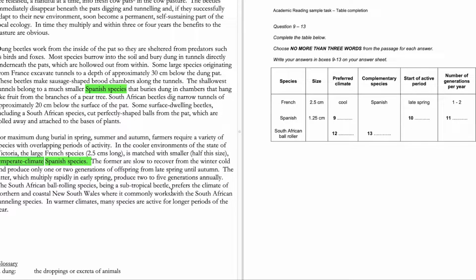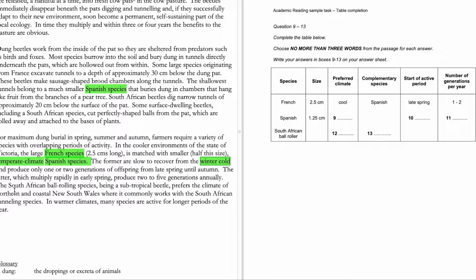So we're gonna see here they were just saying about French species at the beginning. So further they were saying about Spanish species, and for the former they are saying that they prefer cold winter. So here, but this is for the former one, which is French species.